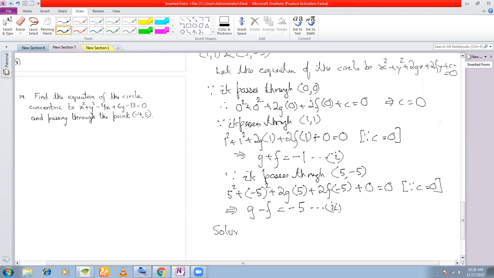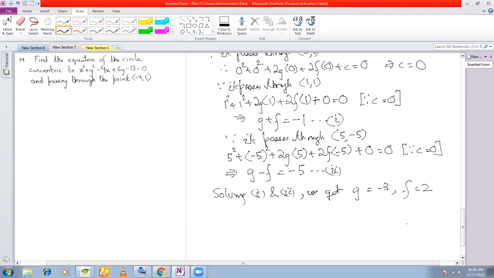So solving 1 and 2, we get g is equal to minus 3 and you get f is equal to 2. Okay.